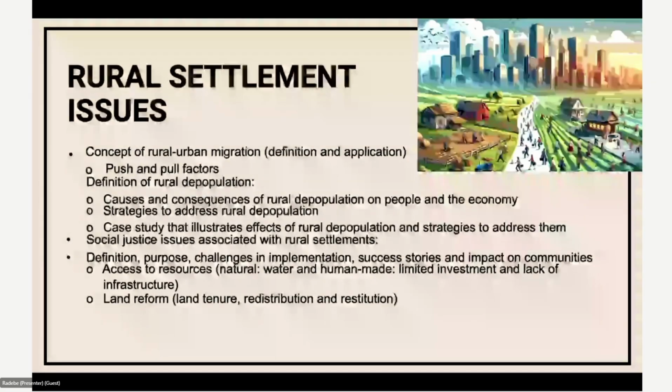And then on the next slide, there are some issues in the rural area, the troubles and problems that rural people or rural areas are facing at the moment. The first one is the issue of rural-urban migration. So it's very important for you to explain to your learners the process of rural-urban migration. Why people are moving away is because of push and pull factors.